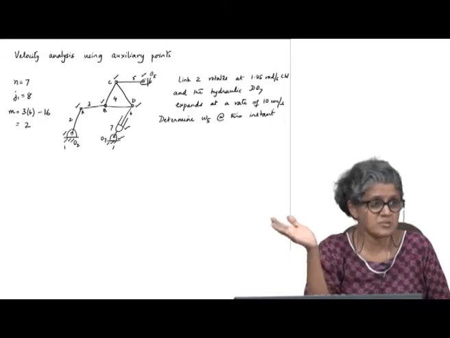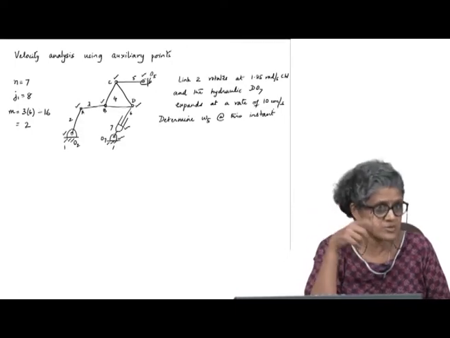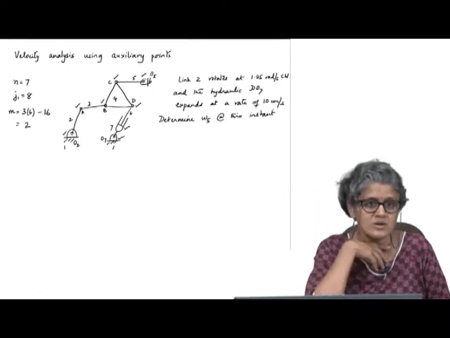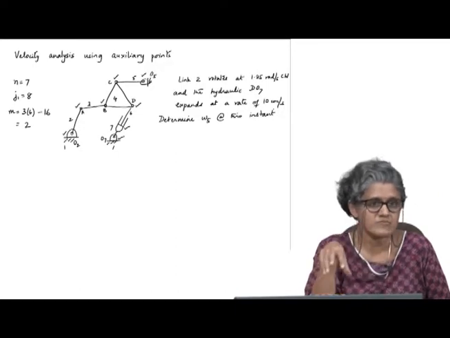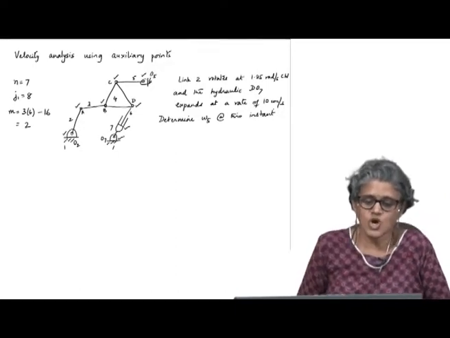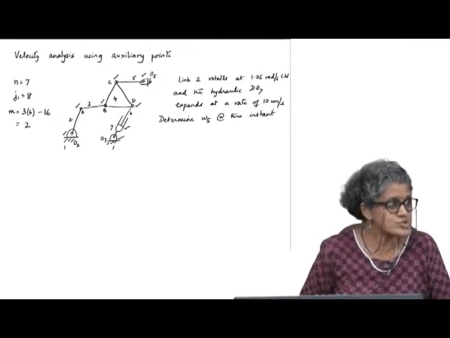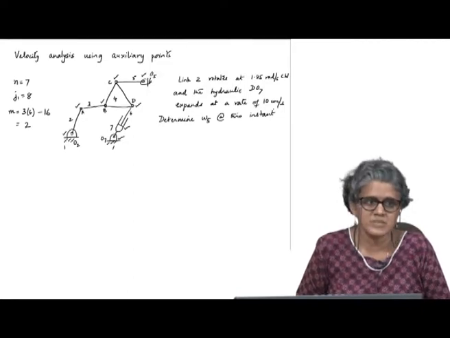Because of rotation about O7, it would have a component which is perpendicular to O7D, but I do not know what that is because I do not know omega 6 or omega 7, both of which will be equal obviously here. So this is not a typical problem that you could solve using your velocity difference method.